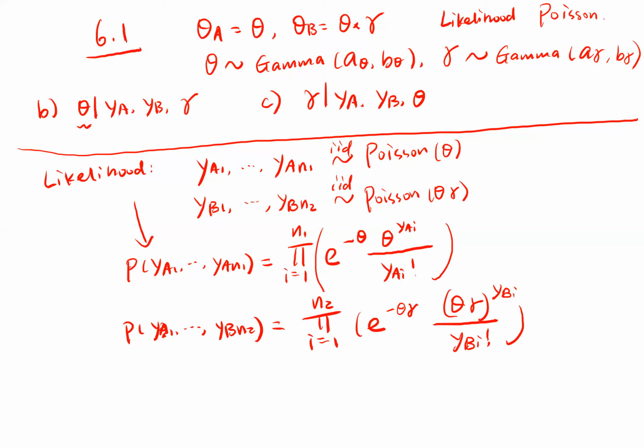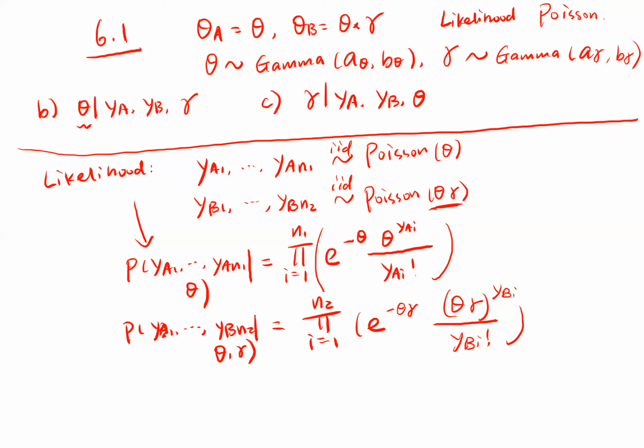Yeah, good point. I just realized I didn't write everything clearly. The correct, more formal way to write it, because this is the likelihood, is given theta over here. And then down here, it should be given theta and gamma, because the rate of the Poisson is theta times gamma.